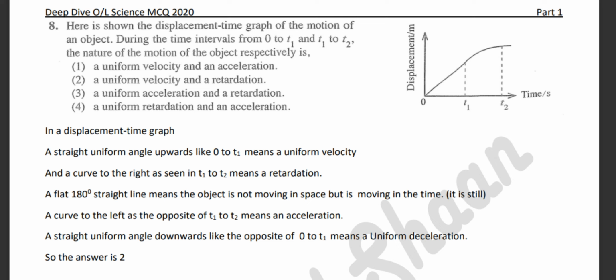As time goes, displacement doesn't change, so the object is still. A curve to the left, the opposite, is an acceleration. A straight uniform angle down, the opposite of 0 to t1, means a uniform deceleration. So the answer is 2. It's a uniform velocity and a retardation.